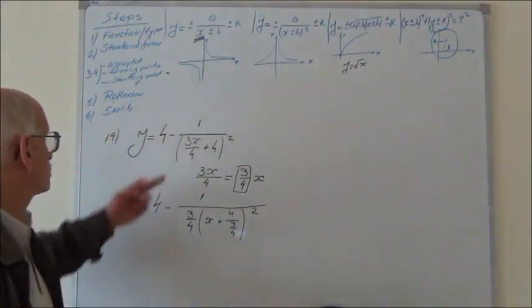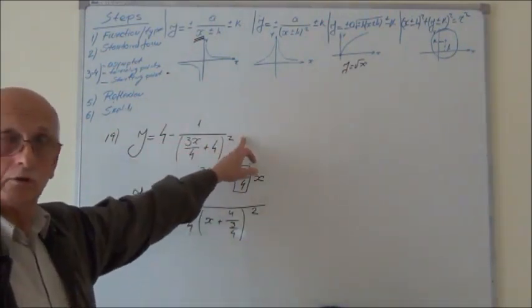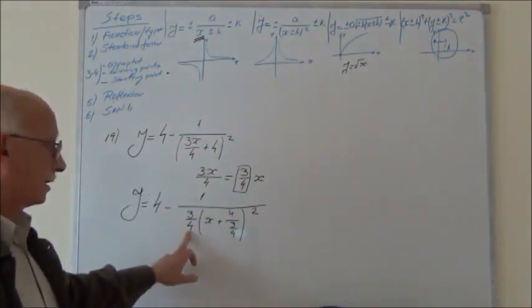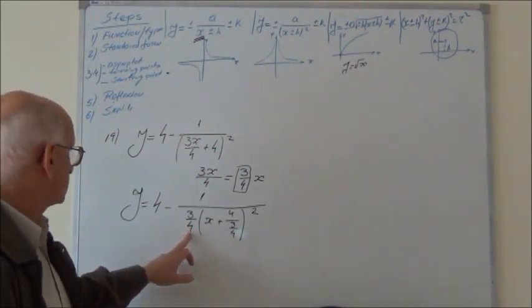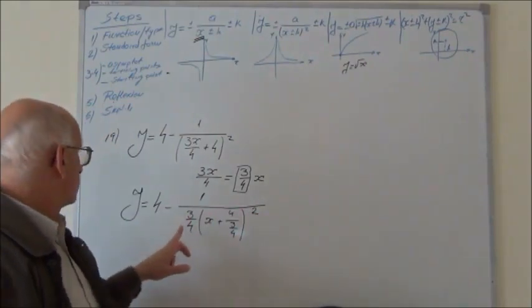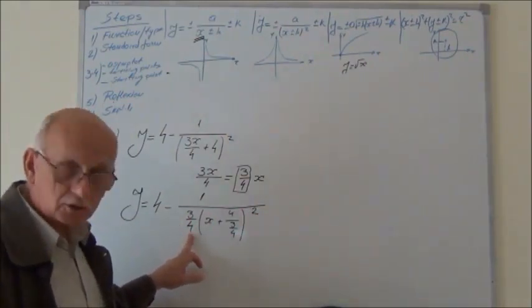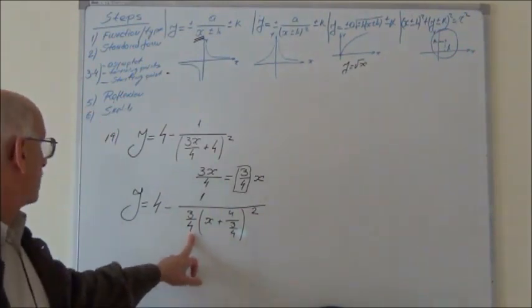Why is that? Because 3 on 4 is on the power 2. Writing like this means that 3 on 4 is not on the power 2 anymore. 3 on 4 is just normal 3 on 4, just on power 1.